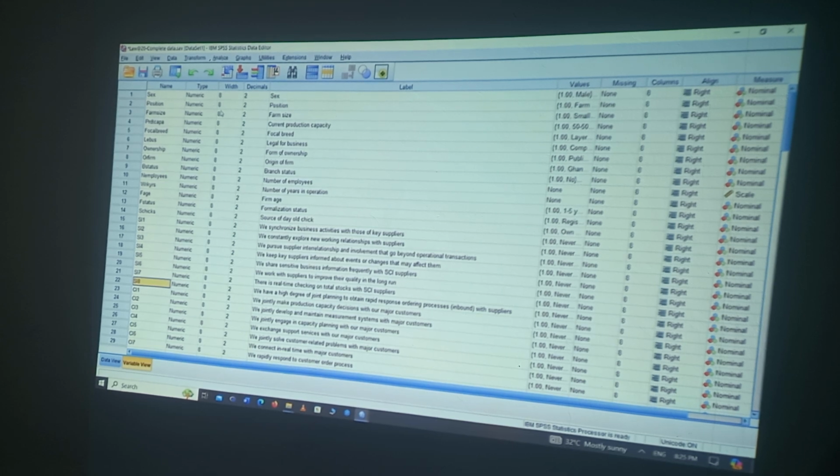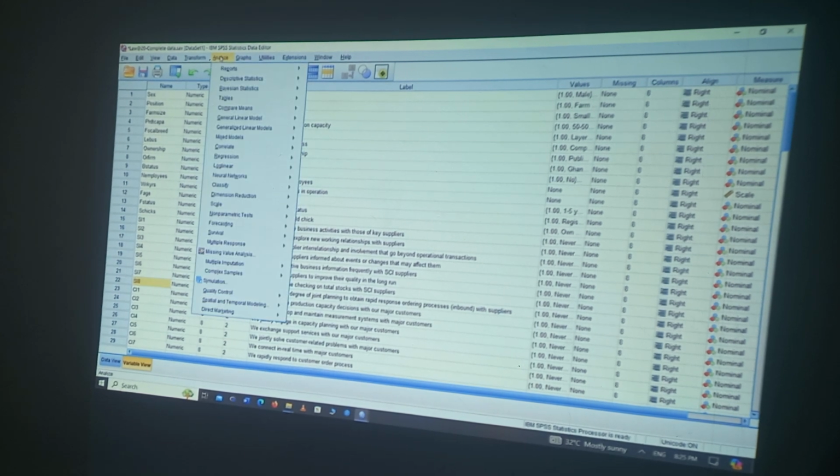We look at that. So the steps are like this. You click on your Analyze. Have you done that? Click on Analyze. Then you go to Dimension Reduction.